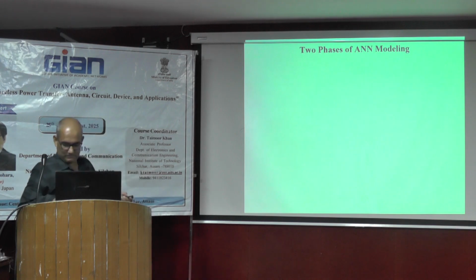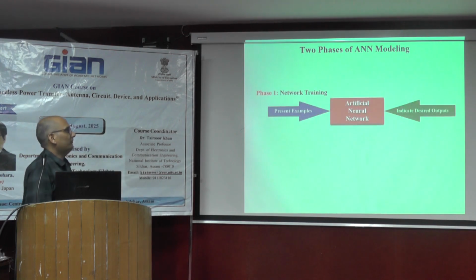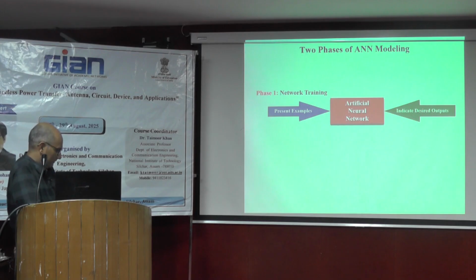Now just see two different phases of ANN. First is training. What we do in the training is that you have certain datasets created by simulations or some other means. Then you need to define a structure of that model where inputs and corresponding responses are presented.